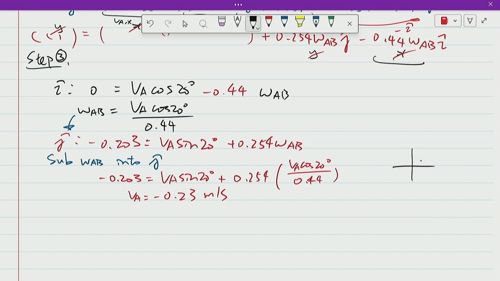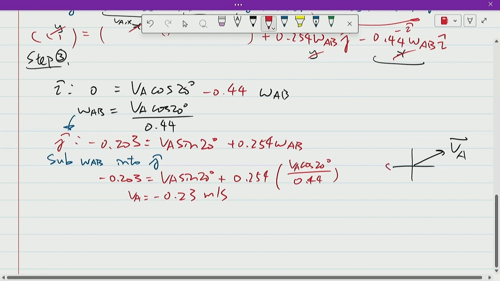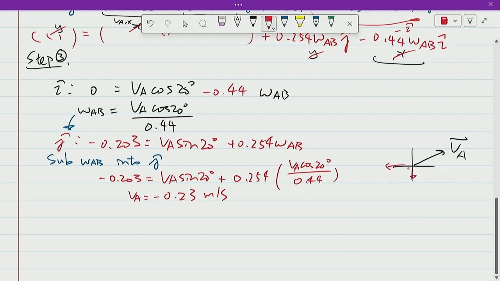Now remember how we assumed that VA is going in basically the wrong direction. We get a negative value. Technically, you're still supposed to break it into I and J components, but even if you do, it's just going to tell you that VA is in the negative direction.